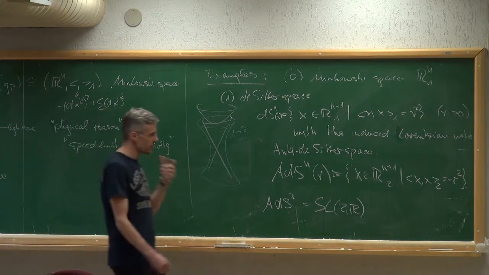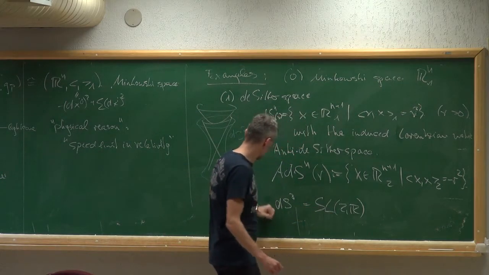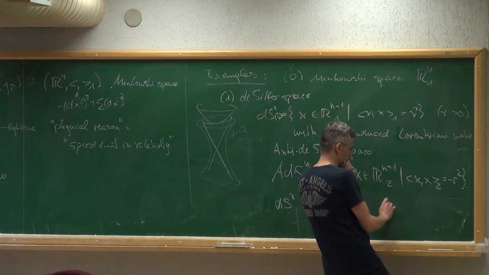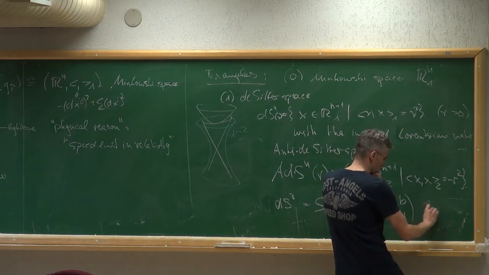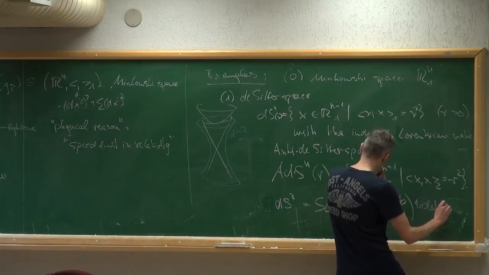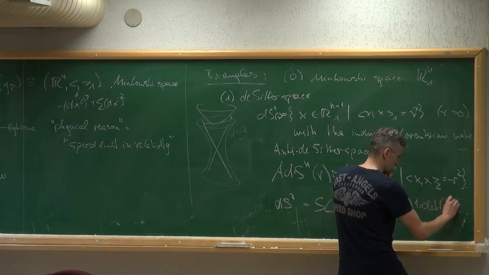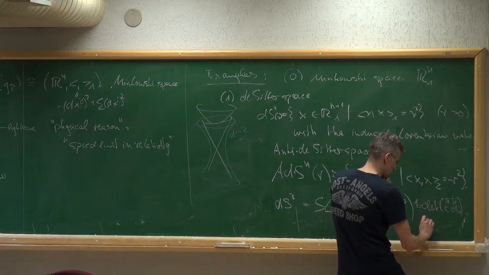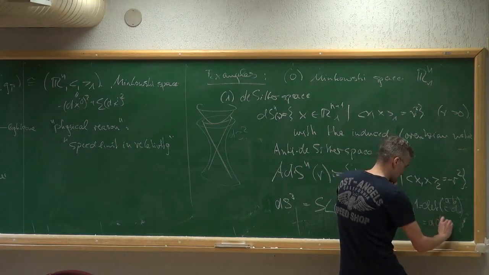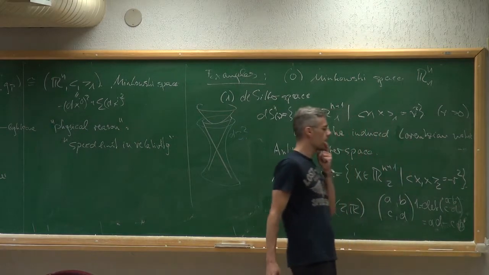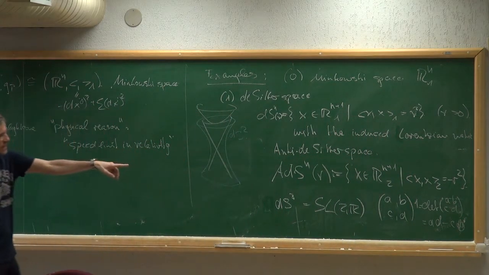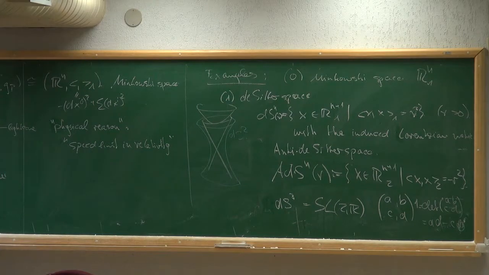Because if you have a matrix A, B, C, D, then the determinant being equal to 1 is nothing but A times D minus C times B. And despite its look, that's a symmetric bilinear form of index 2. The subindex 2 means 2 negative.